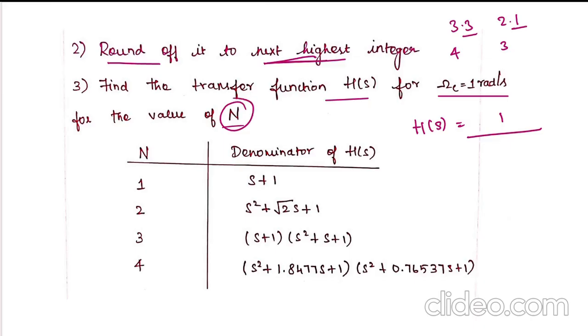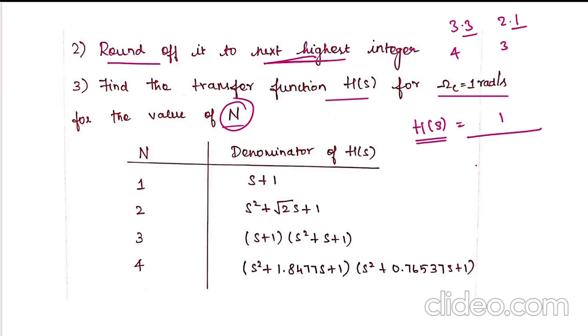If n is 1, the denominator will be s plus 1. If n is equal to 2, the denominator will be this, and if n is equal to 3, the denominator will be this, and if n is equal to 4, the denominator will be this. So based on the n values, we will be finding the transfer function H of s.